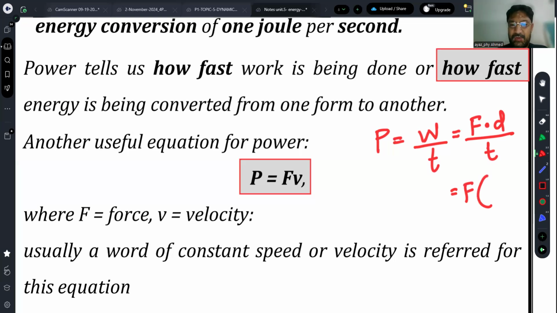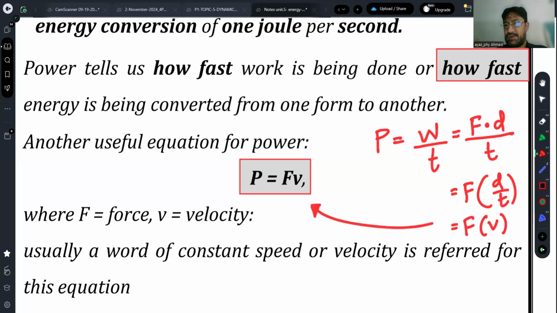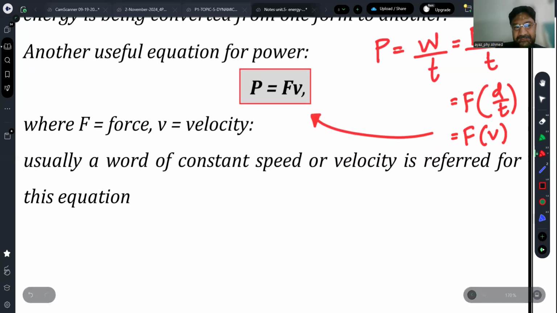So that formula helps us find power when an object is moving with constant velocity. Remember one thing, this is really important: this formula is applicable when the object is moving with constant velocity, right? Constant velocity means it is not changing direction. The object is under constant force, and that object has constant velocity. Then we use that formula.